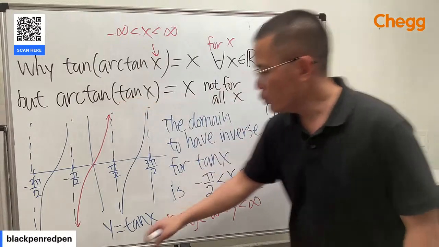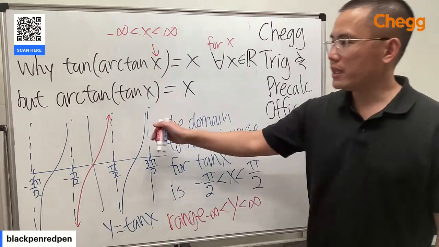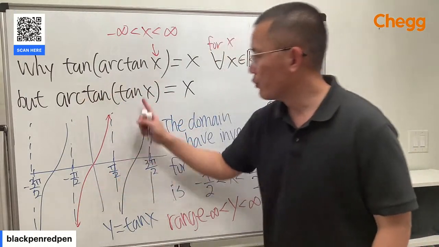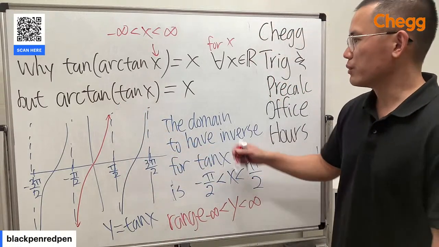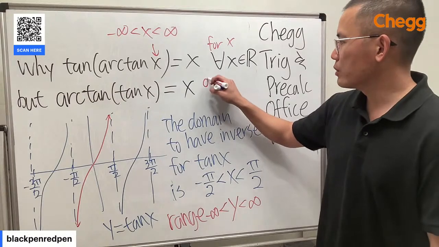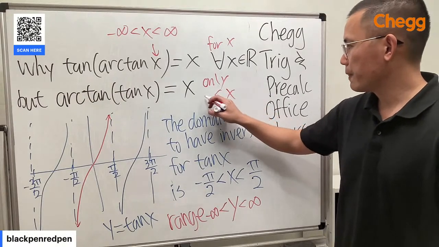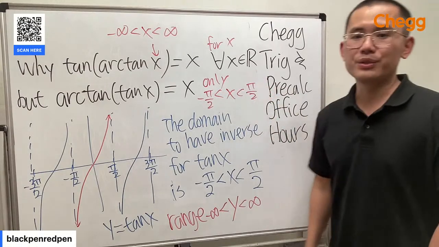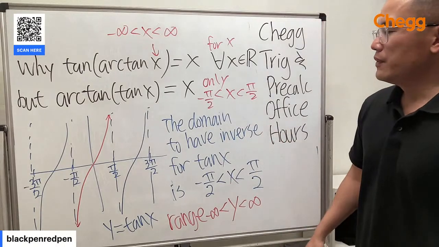This only works, you will have to pay attention to the domain for this function, which is only from negative pi over 2 to pi over 2. So I'll just say only for x in between negative pi over 2 and pi over 2.